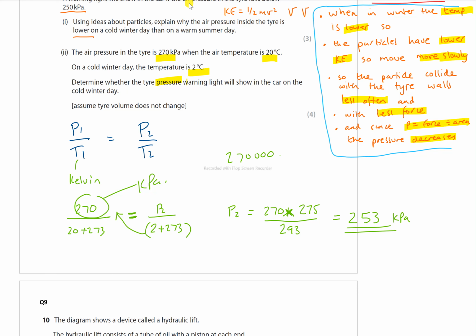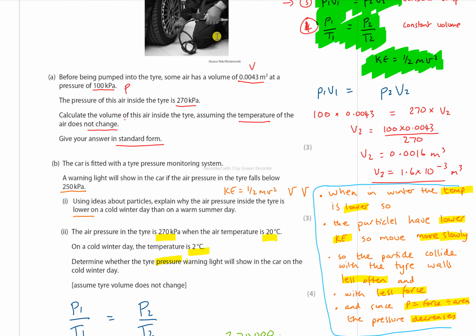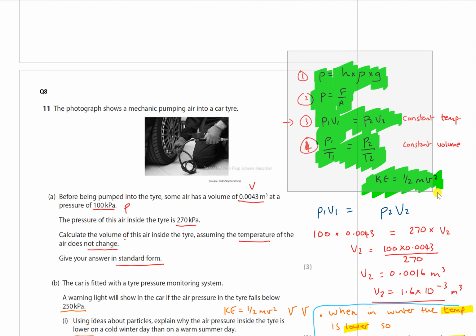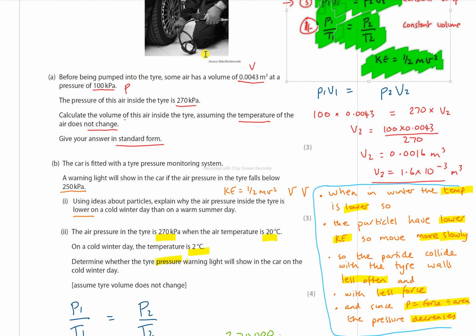Right, okay, before finishing this video, let me just go over all this stuff here. Right, bear with me, let me get a new page. Right, let's get this right. Pressure is height times density times gravitational field strength.